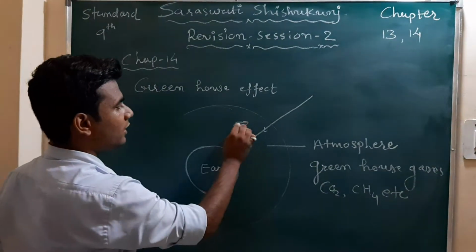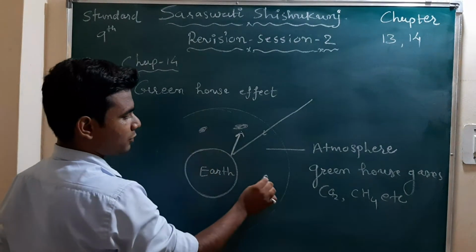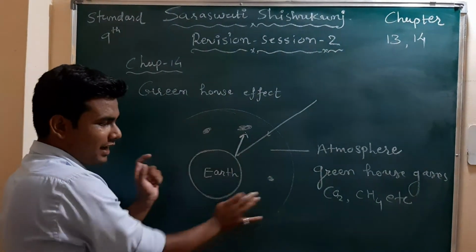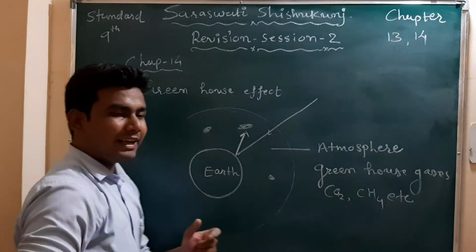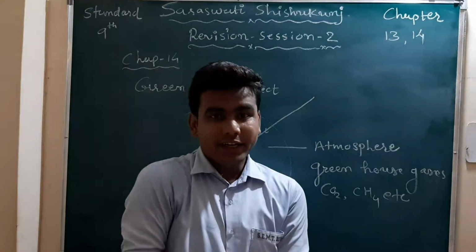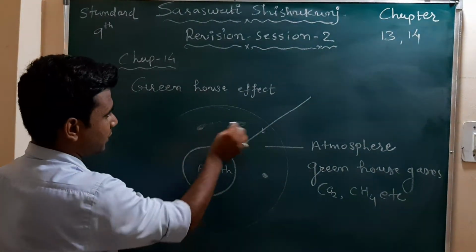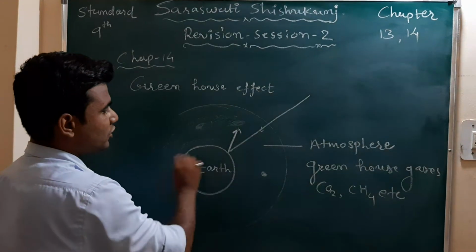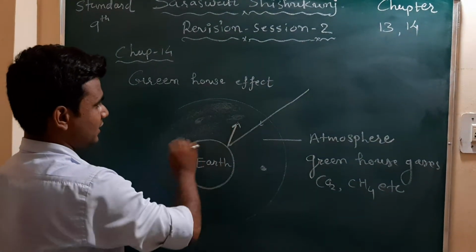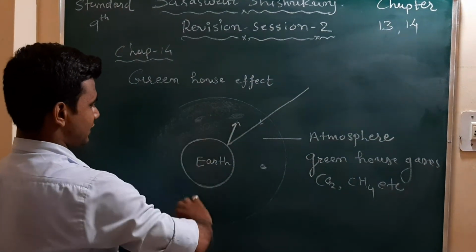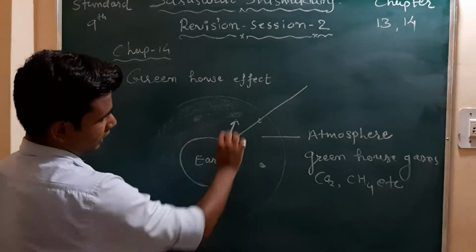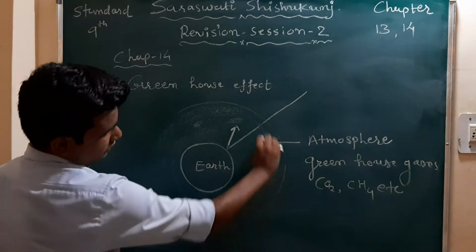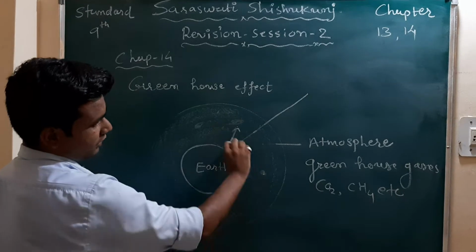So it will stay in the atmosphere. As it stays there, the heat waves will increase the temperature of our atmosphere, right? So it is absorbed by the greenhouse gases, and they will increase the temperature of our atmosphere.